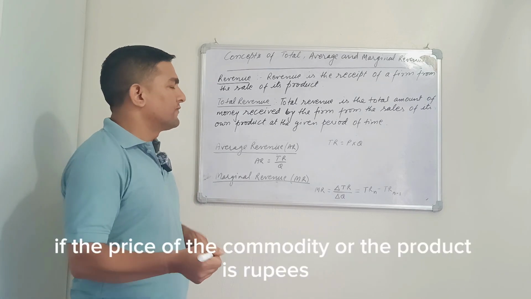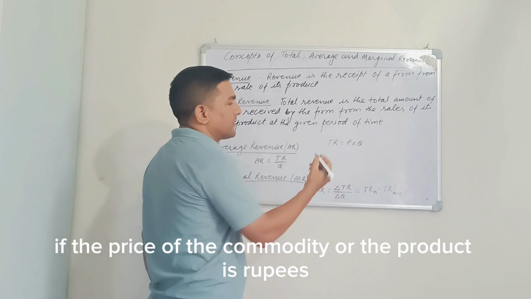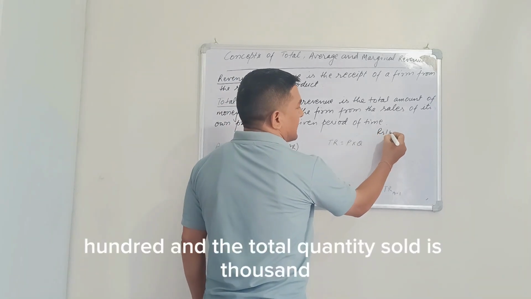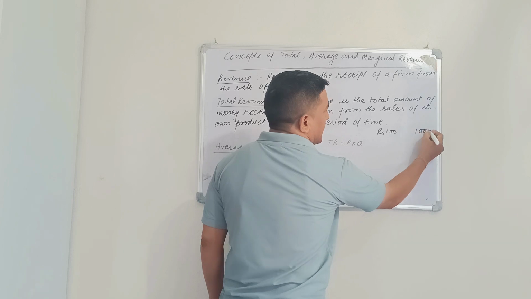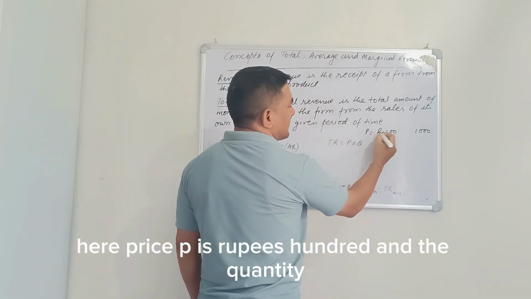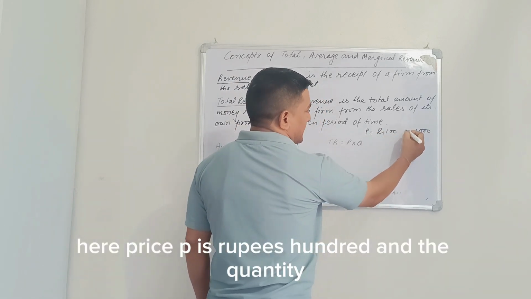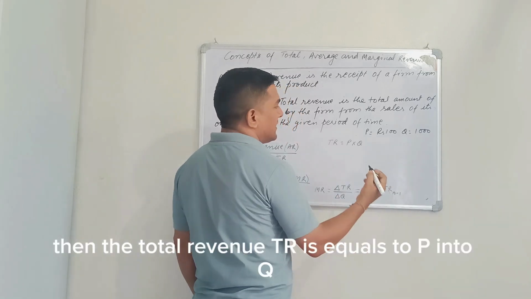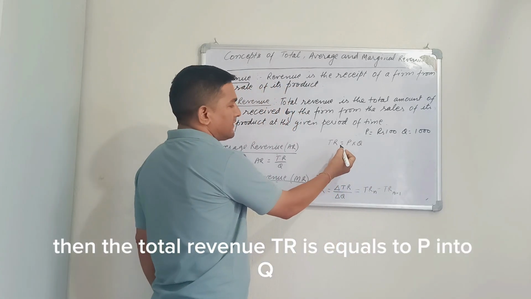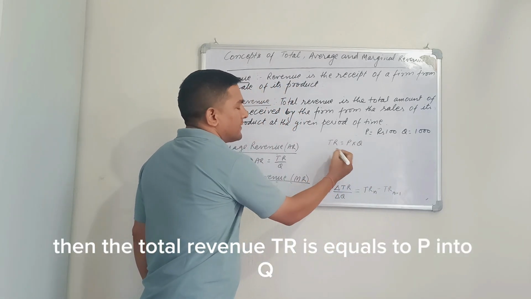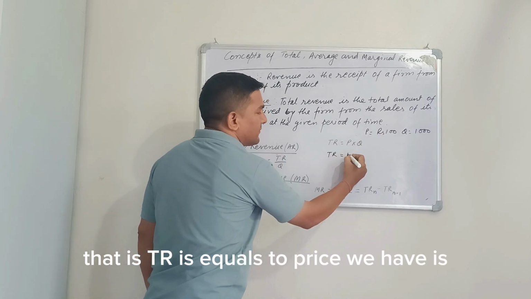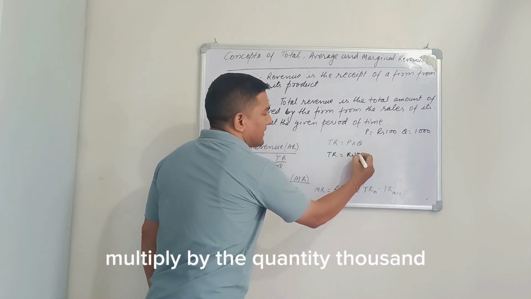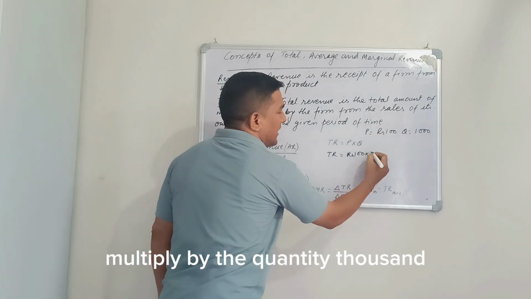Let us suppose the price of the commodity or the product is rupees 100 and the total quantity sold is 1000. Here price P is rupees 100 and the total quantity sold Q is 1000. Then the total revenue TR is equal to P into Q. That means TR is equal to the price, 100 rupees, multiplied by the quantity, 1000.